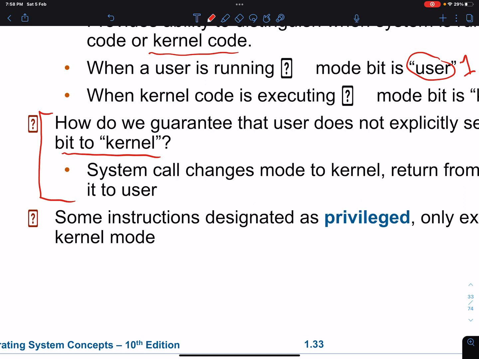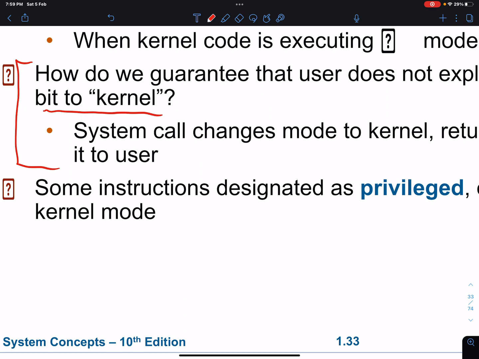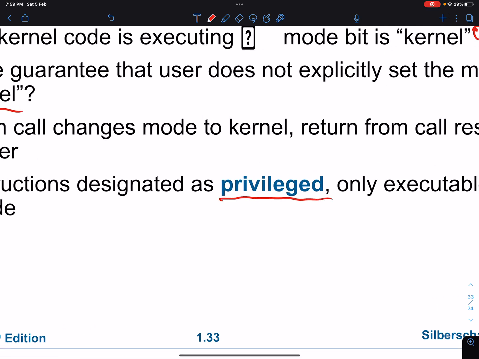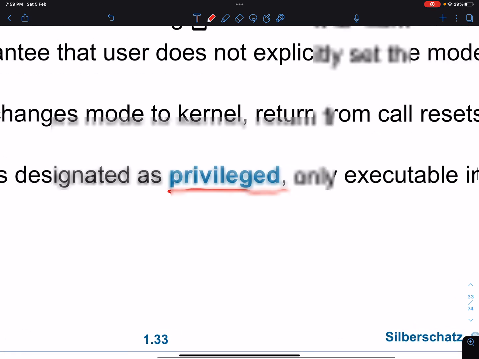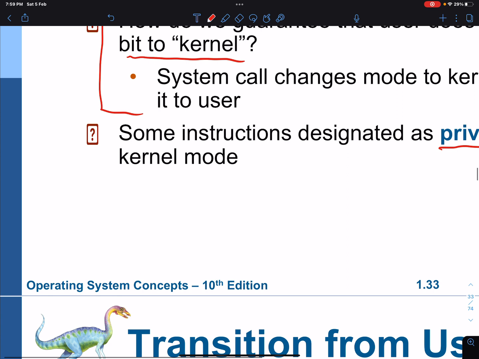How this is being protected, you will see later in further chapters. Some instructions are designated as privileged. Privileged means they are only executable in kernel mode.